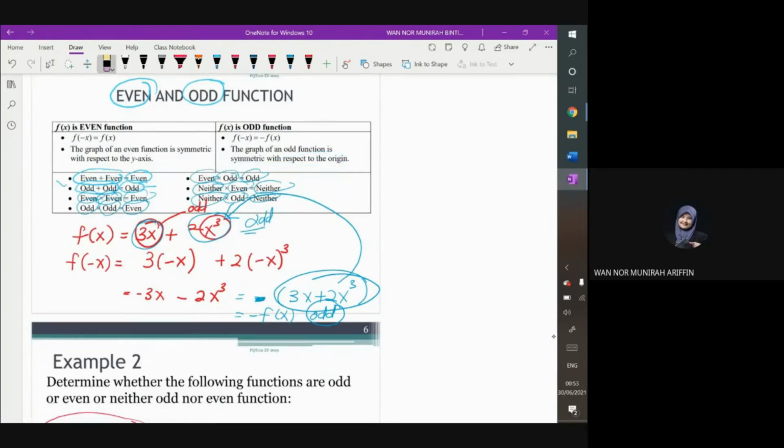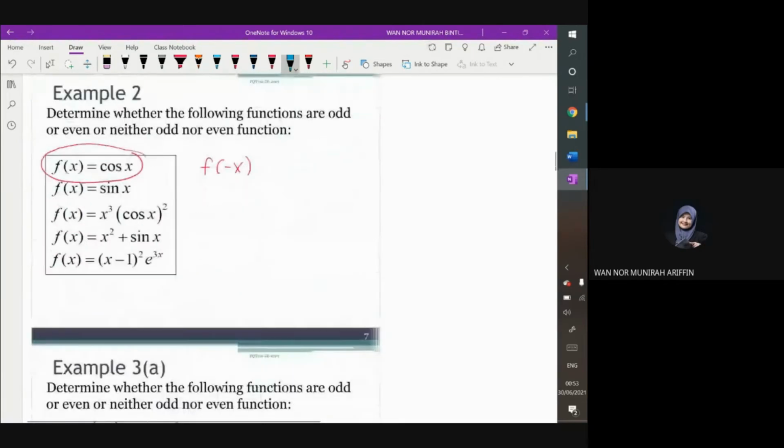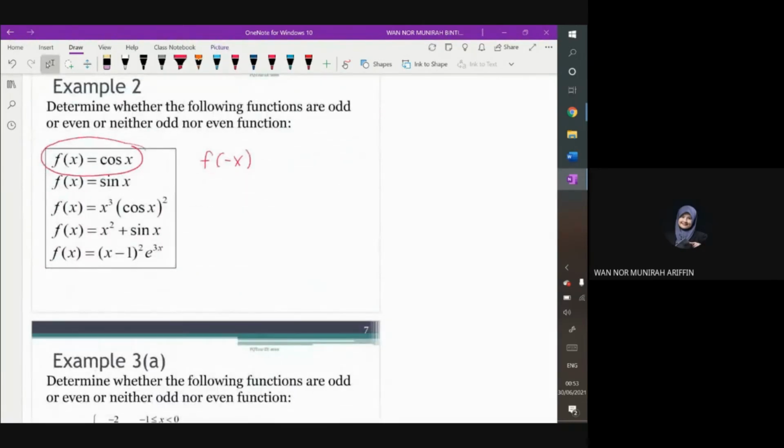The first one is substituting f(x) with f(negative x), and then you look whether you get f(x) or negative f(x). The second one is, of course, to sketch a graph. If you don't know what the graph looks like, you can simply replace f(x) with f(negative x).